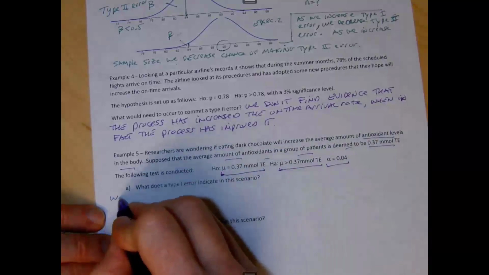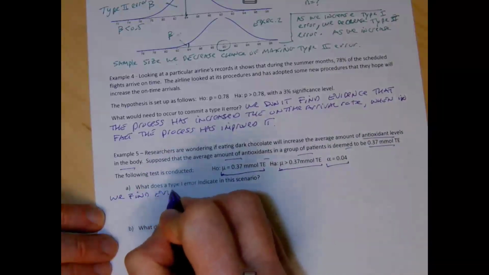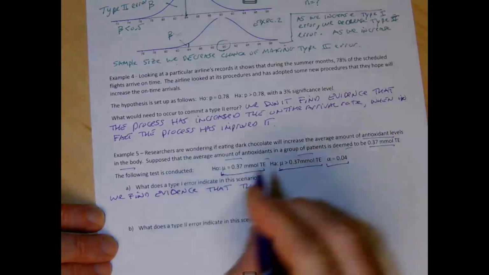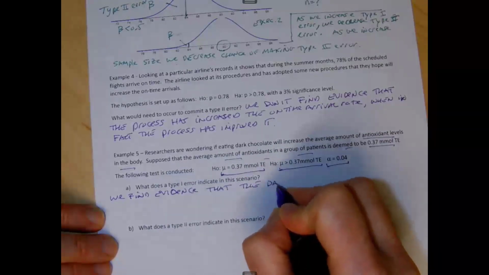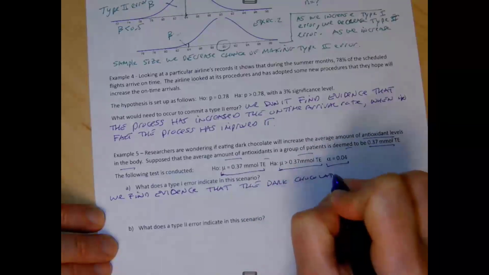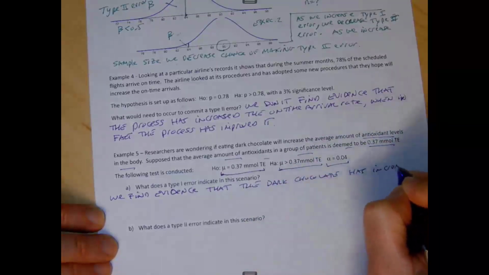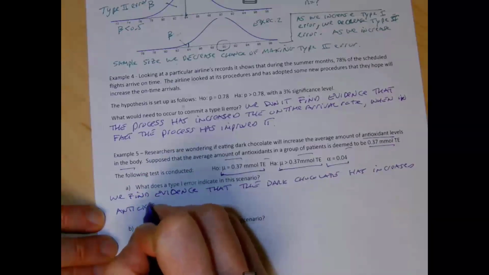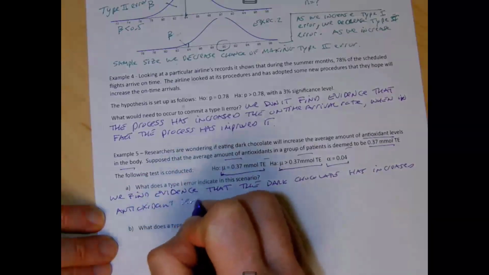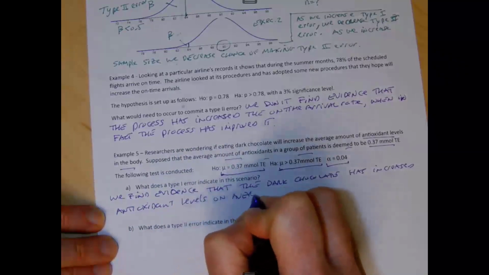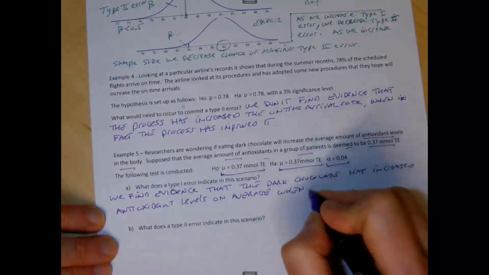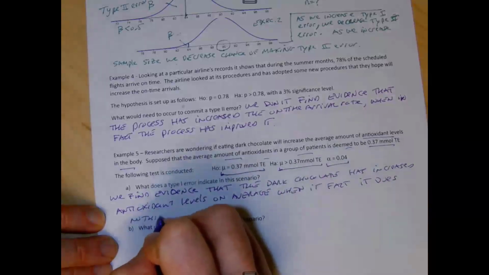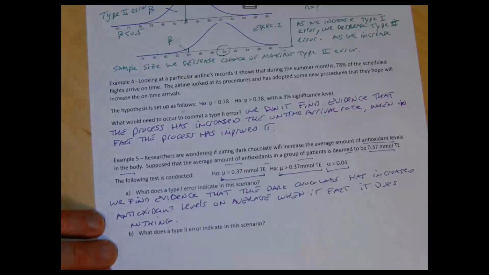So we find evidence that the dark chocolate has increased antioxidant levels on average, when in fact it does nothing. Okay, that's what a type 1 error is.